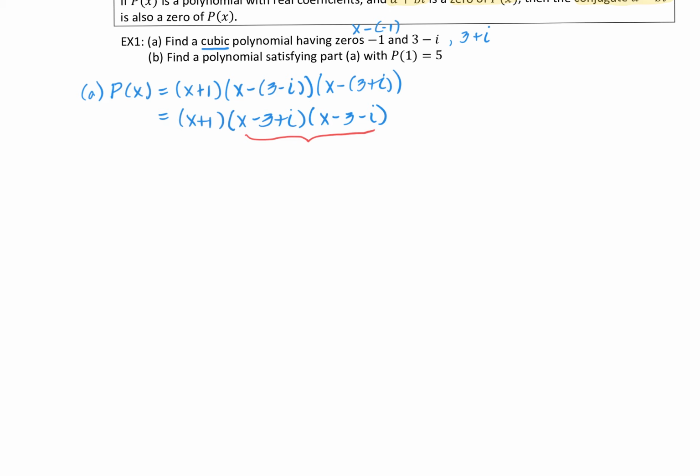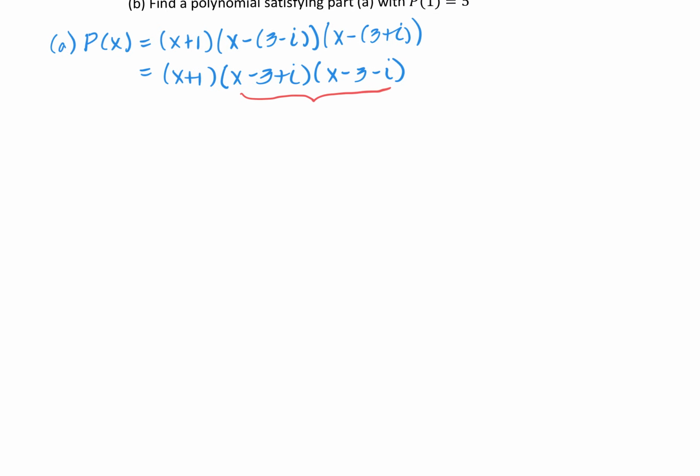And then we'll go ahead and play around with these last two. Because there's an i there, I really need to multiply it out and try to get rid of the i. So I'm not looking forward to this multiplication, but let's go ahead and distribute that first term x over that last set of parentheses to get x squared. So I'm going to ignore the x plus 1 for now. x squared minus 3x minus xi.